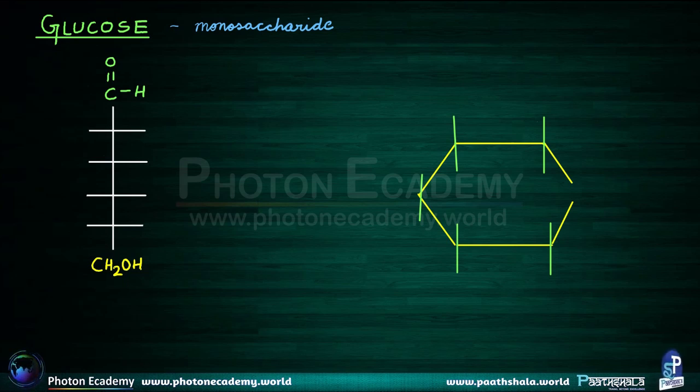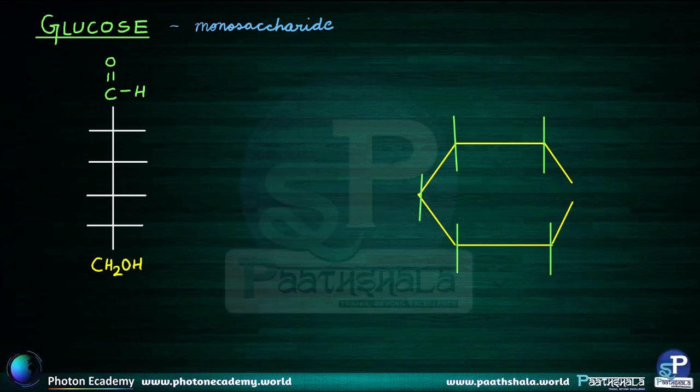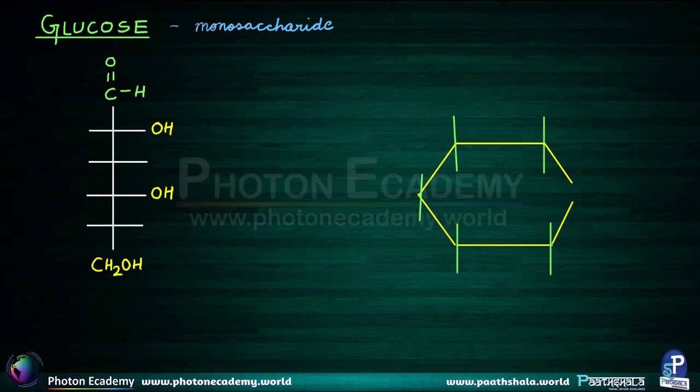What I do is, leaving behind the second chiral carbon, I place my OH on each of these remaining chiral carbons on the right hand side. So I've got an OH over here, an OH over here, and an OH over here. The OH on the second chiral carbon is actually on the left hand side, so I place my OH on the left hand side.